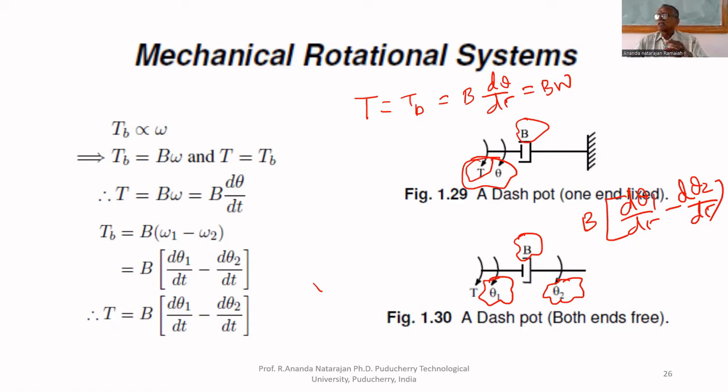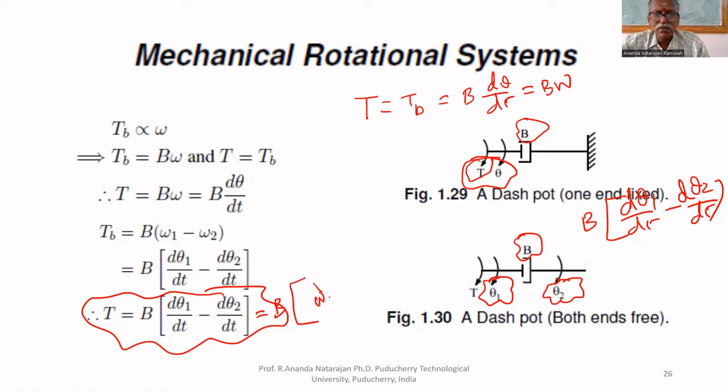Because theta 1 is the end in which torque is applied. The other end has to be taken as negative. The applied torque side must be taken as positive. If both ends are free, the mathematical model is torque equal to B(d theta 1 by dt minus d theta 2 by dt), or B multiplied by (omega 1 minus omega 2). That's all.